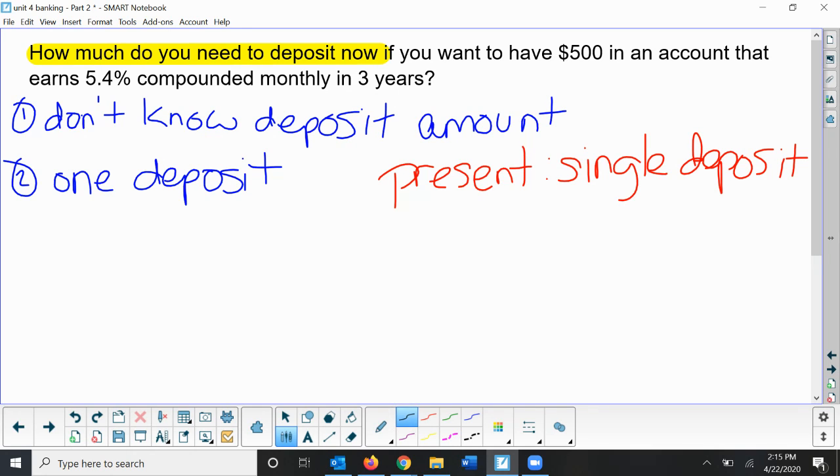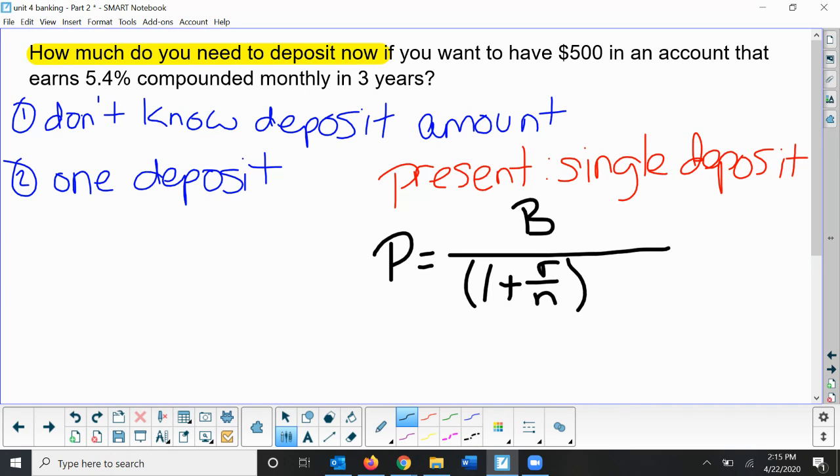Our formula for that one is P equals, because it's present value, it gives us our P, and then we have the ending balance, that's our goal, over 1 plus R over N, and then up in the exponent here is N times T.